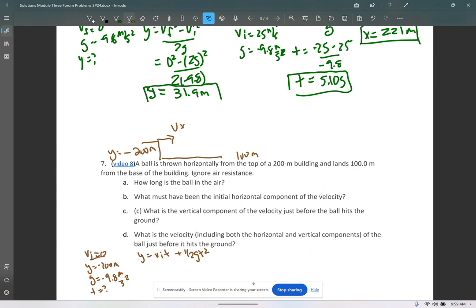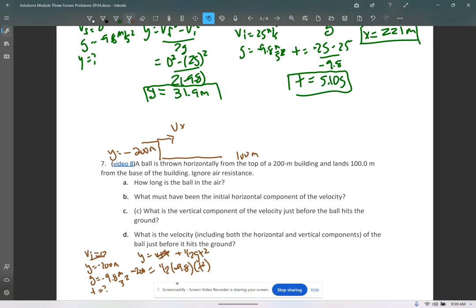But Vi is 0, so this just goes to y equals 1/2 of negative 9.8 times time squared, and that's equal to negative 200 meters. Now, notice that if you don't put the negative 200, you're going to end up dividing by a negative 9.8, and that's going to give you a negative number that you can't take the square root of.